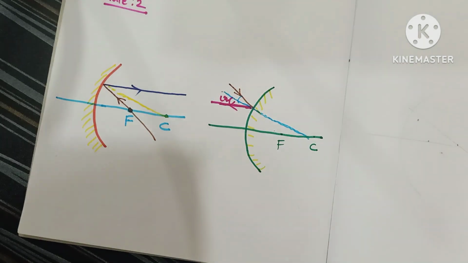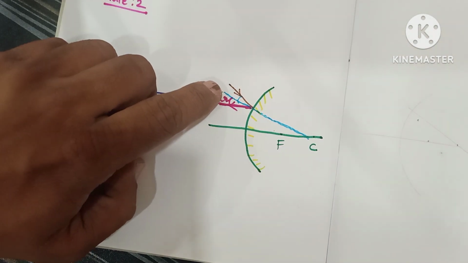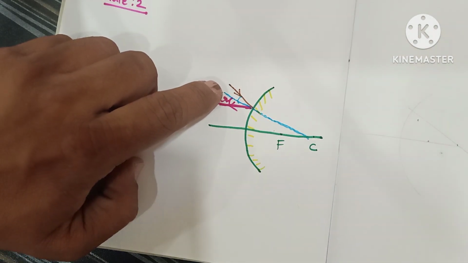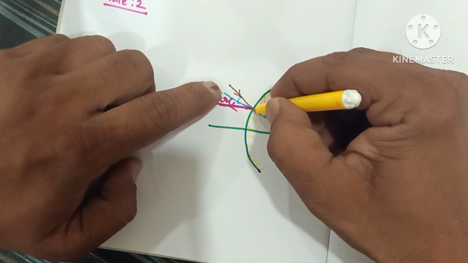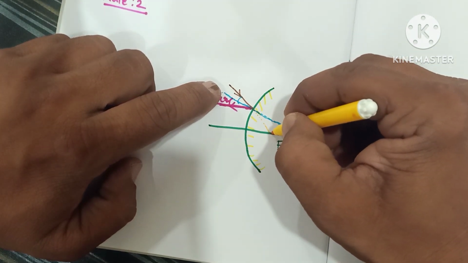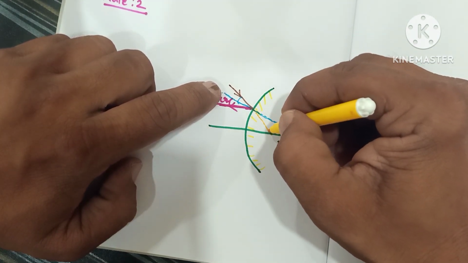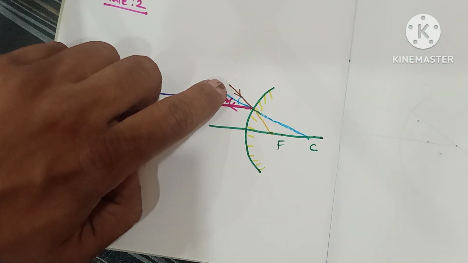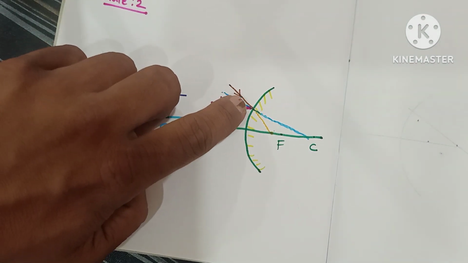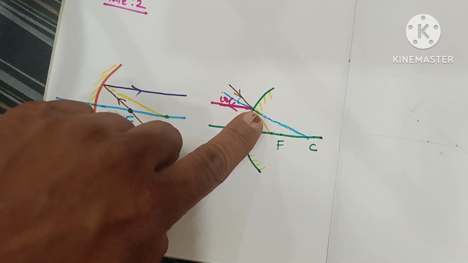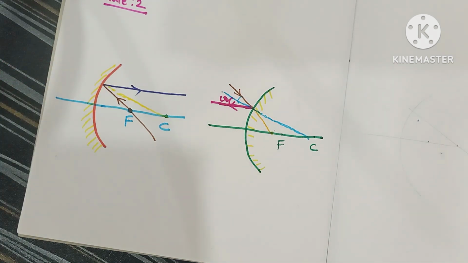Okay, now it is concluded that if a ray appears to be coming from the focus, and if we extend it, we see it is passing through the focus. Now the rays coming along the direction of the focal point get reflected and pass like a ray parallel to the principal axis.